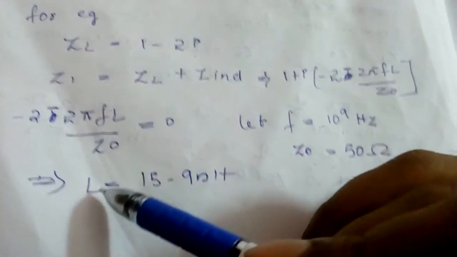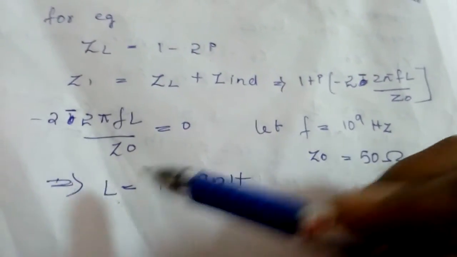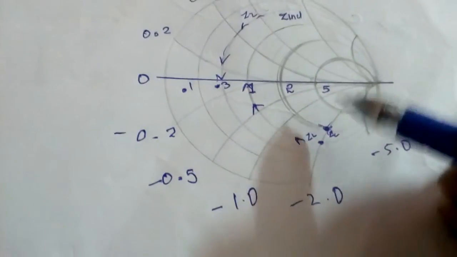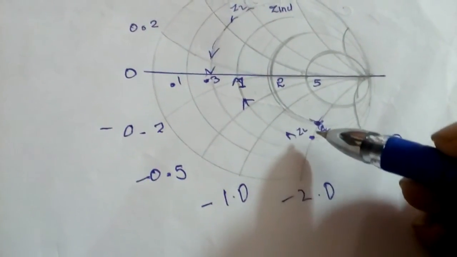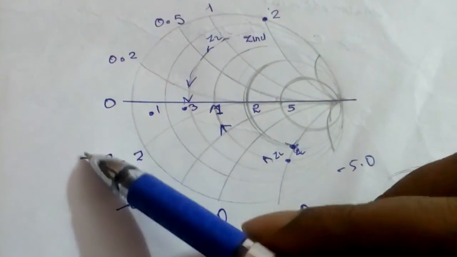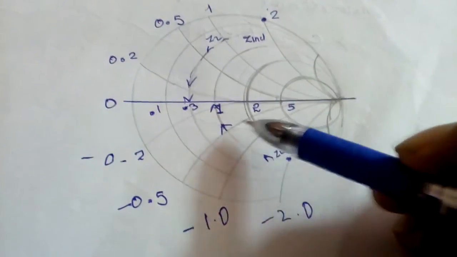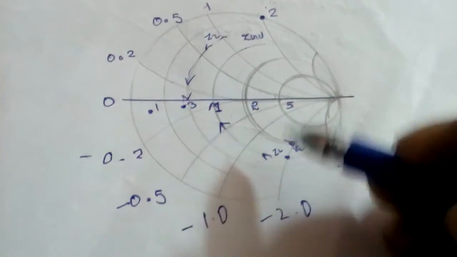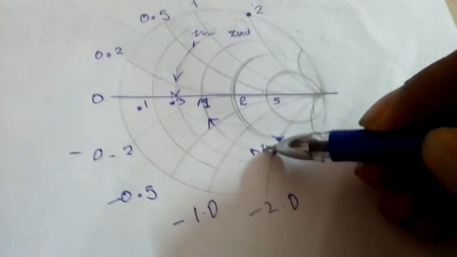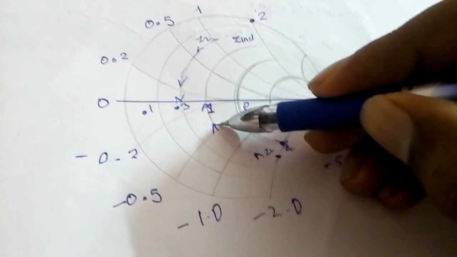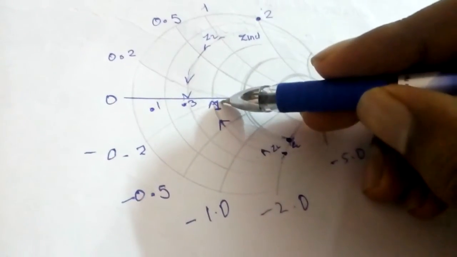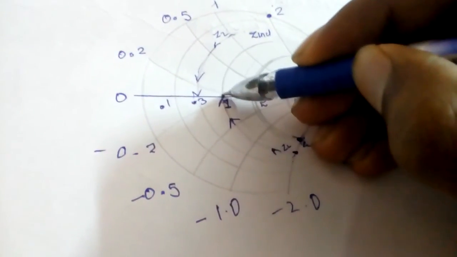From this we can find the inductor value is equal to 15.9 nanohenry. So when 15.9 nanohenry is installed in series in the transmission line between source and load, in the Smith chart this point will move towards the center, from here to here, following this path, and it will be at 1.